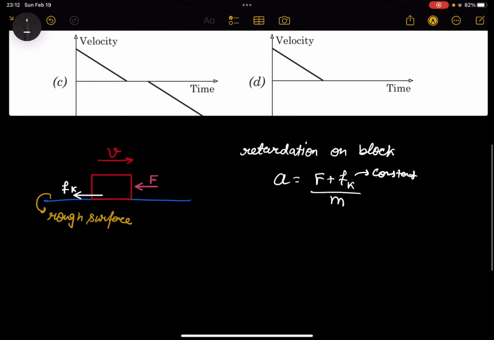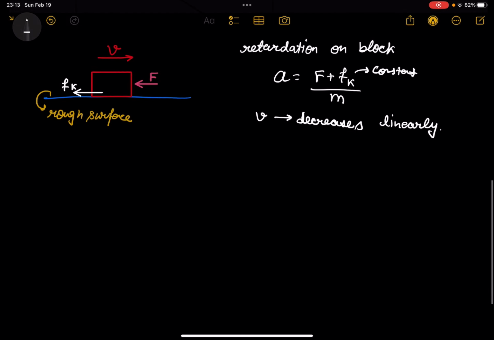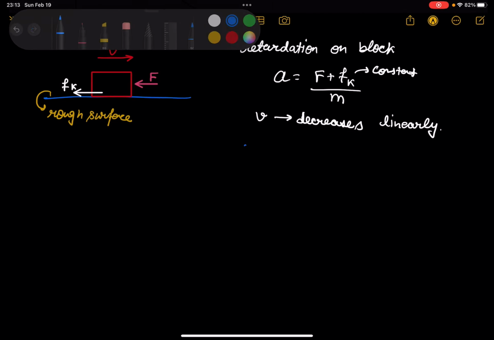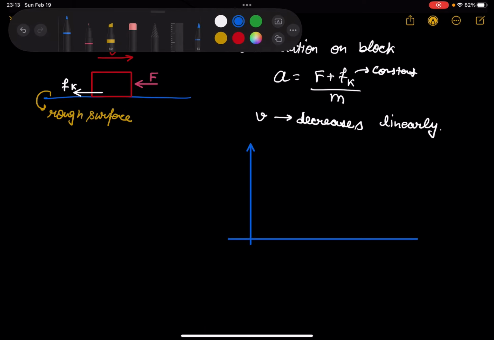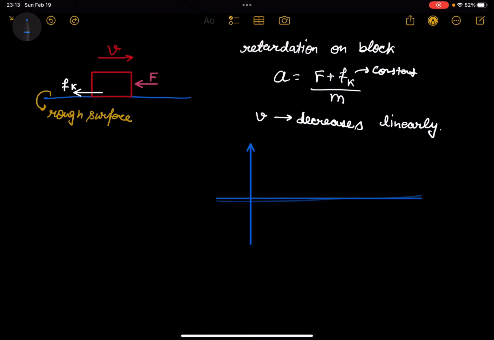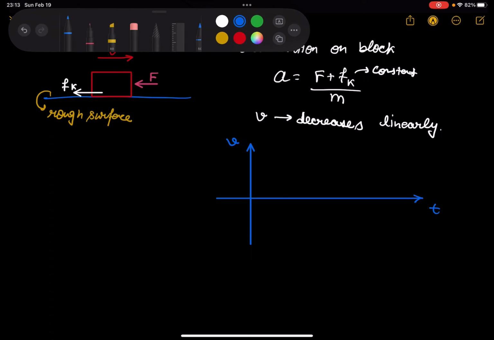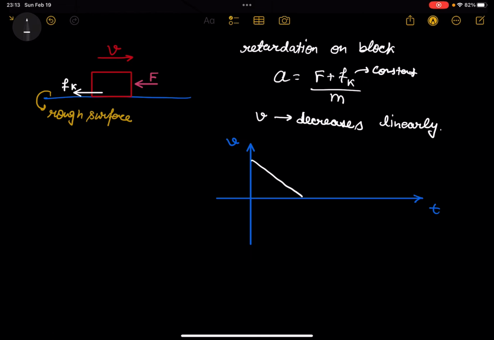So you can say that the velocity decreases linearly. My dear friends, velocity decreases linearly. So if you draw the velocity versus time curve, it continuously decreases like this.